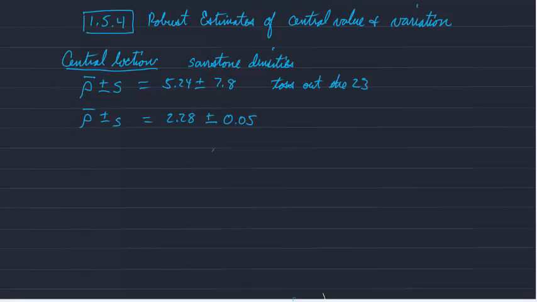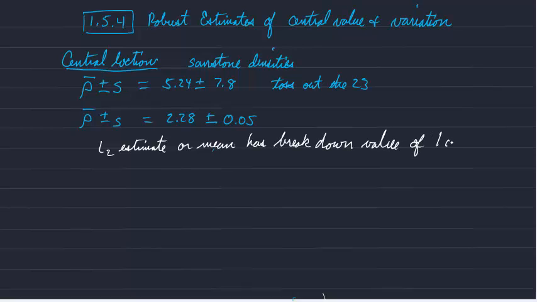So we can say that the L2 estimate, for example, for the standard deviation, for the L2 estimate for the central location, has a break value, or a breakdown value, of just 1 out of n, or just 1 over n.